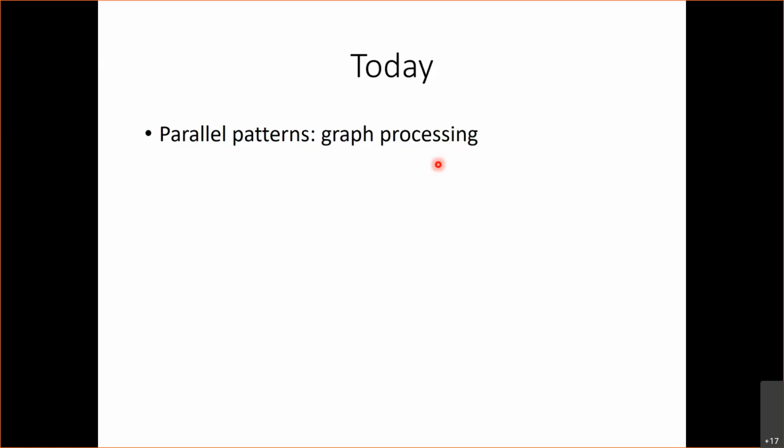Okay, so the top-down approach requires a CSR representation of the graph. The bottom-up approach requires a CSC representation of the graph. And because the graph was symmetric, we were able to use the same representation for both the bottom-up and the top-down. So when we came to the direction-optimized approach, it was enough to just use the same graph in both cases.